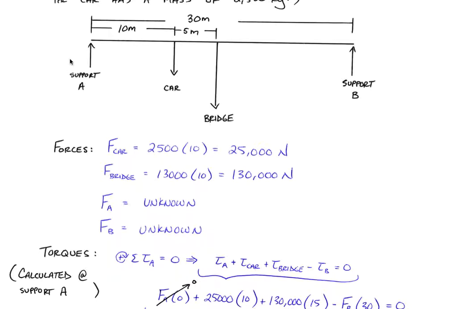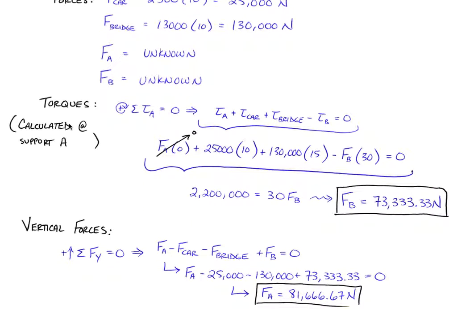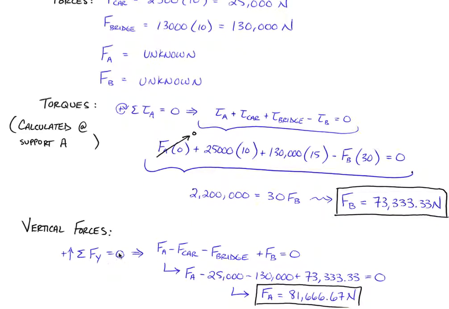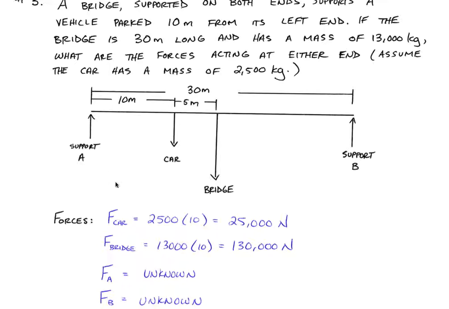Now, at that point, we know this force, we know this force, and we know this force. We don't know the force at A. And in order to find that, we just have to go one step further and sum up our vertical forces. If I sum all the forces in the y direction, since this bridge is not moving, everything should add up to 0. I've assumed anything pointing up is positive, and I've said the force at A is positive because it's acting up.